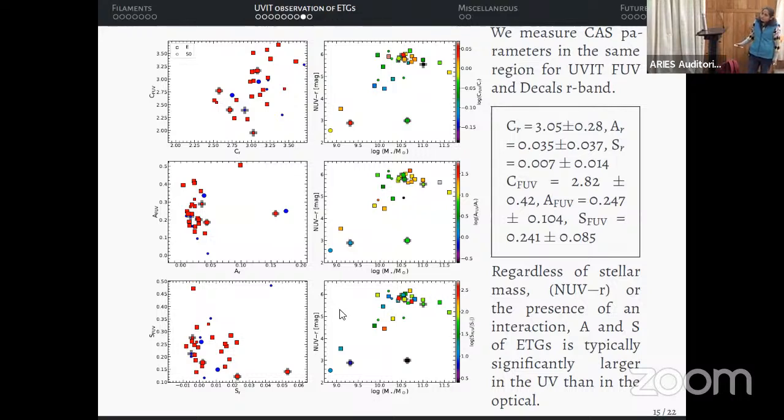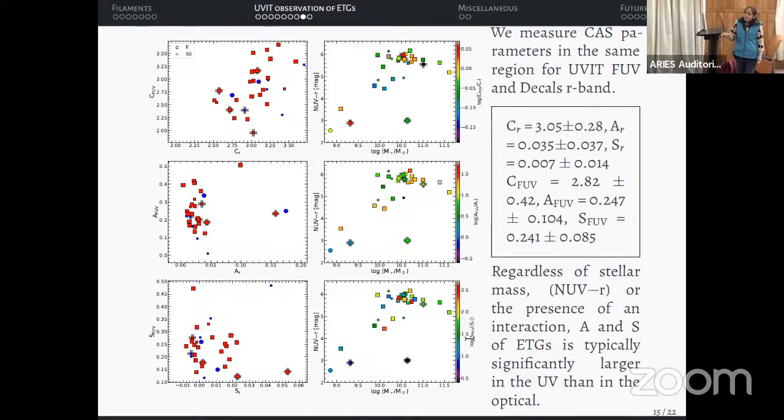Here, these early type galaxies are really red in color. Also, they are massive. Even for these systems, the ratio of UV versus optical parameters is quite high, greater than 10. Typically what we see is the asymmetry in FUV 10 times greater than optical, and same for clumpiness.